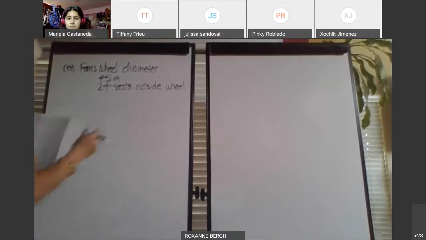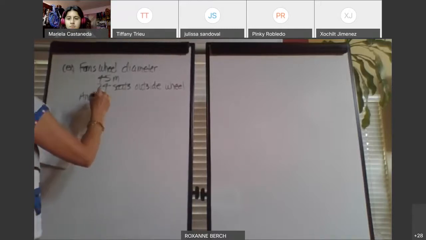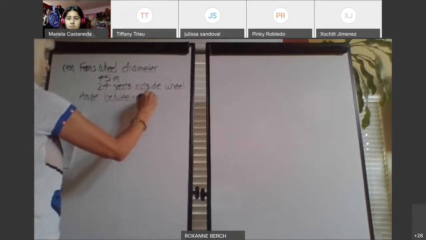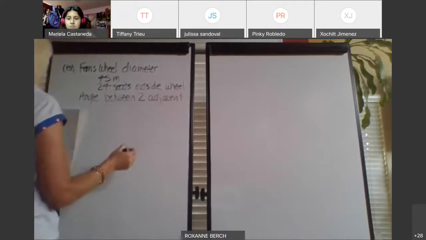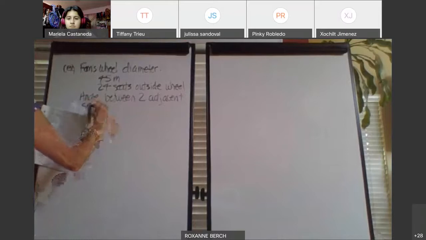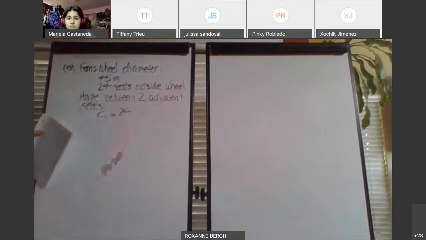Okay, so the angle between two adjacent, that means right next to each other, between two adjacent seats is 2 pi divided by 24.